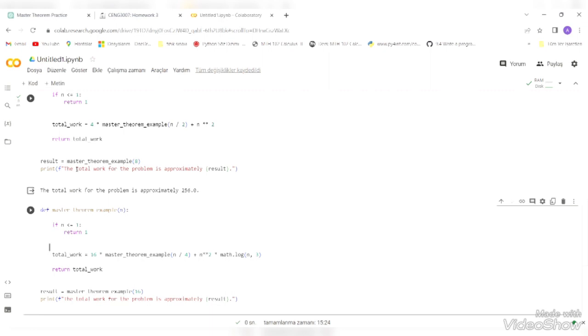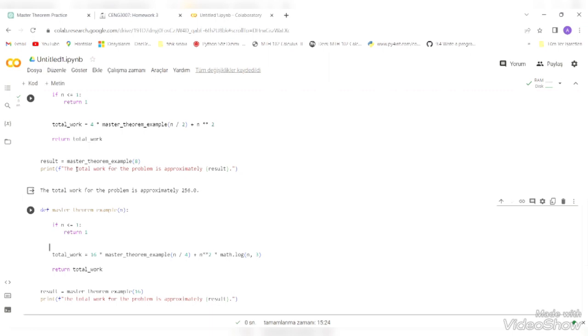Here we are building a Python function to solve a problem based on a given recurrence relation. The relation is defined as T(n) and so on. We have defined a function named master theorem example that models this recursive behavior. It takes a parameter n representing the size of the problem. If the problem size n is 1 or less, we assume the work is constant and return 1.